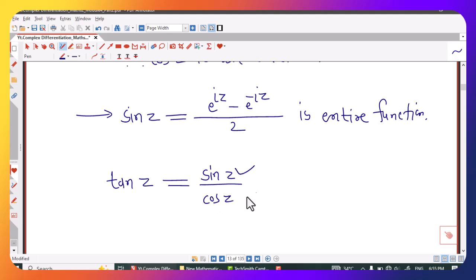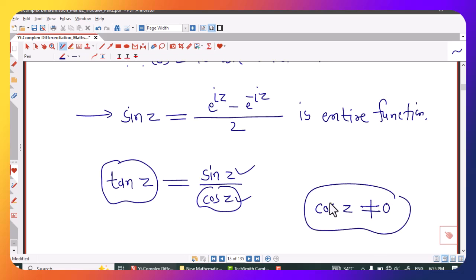Now sin z and cos z are entire functions, that is, they are analytic at every point in the complex plane. Therefore this tan z is analytic at all those points where the denominator, that is cosine of z, is non-zero. The points at which cosine of z is non-zero, tan z is analytic at all those points.